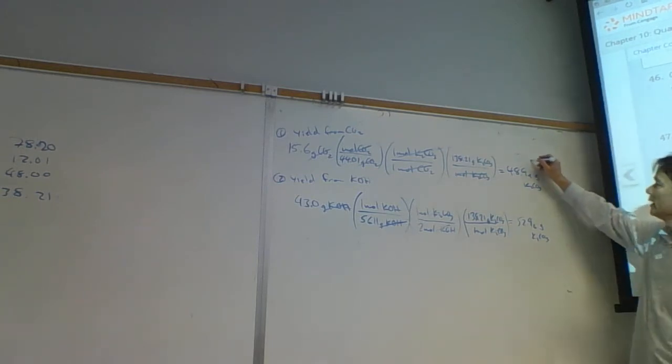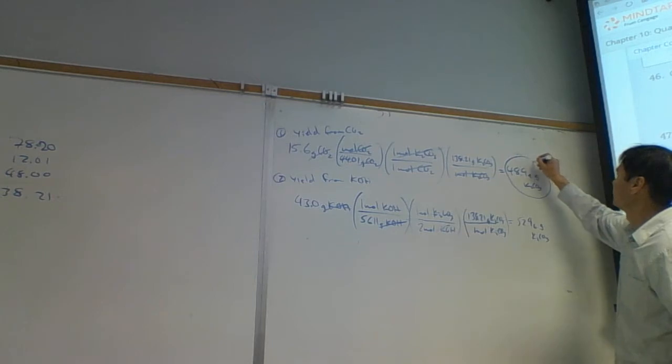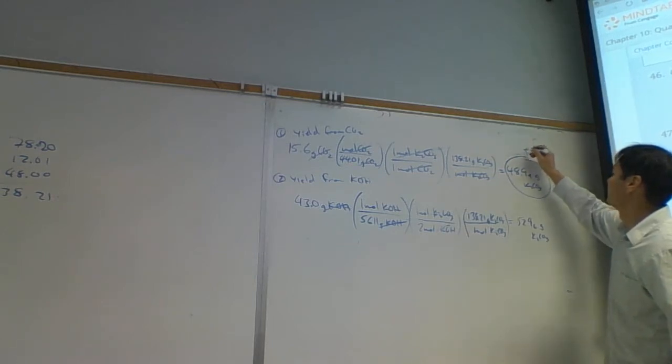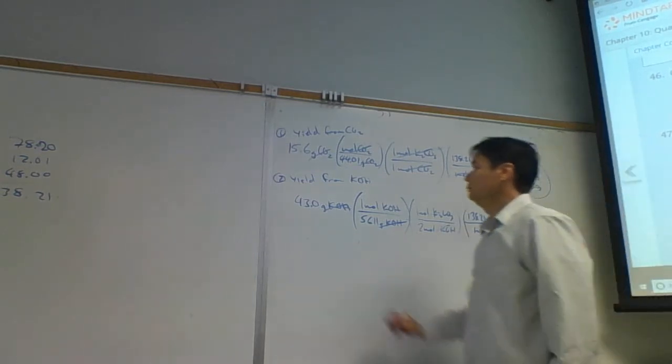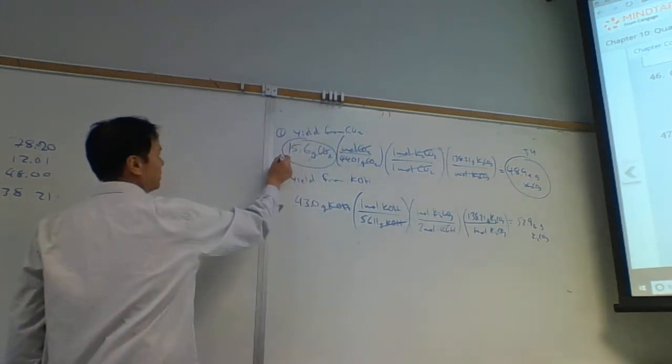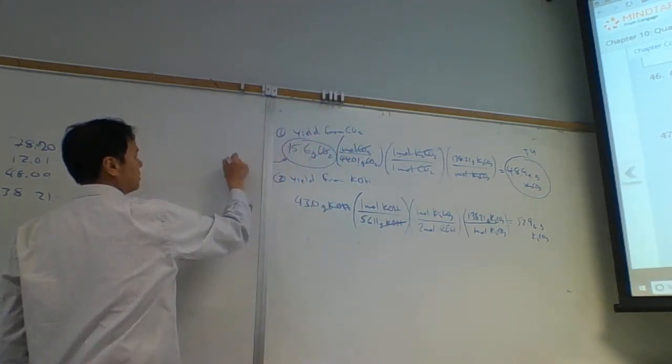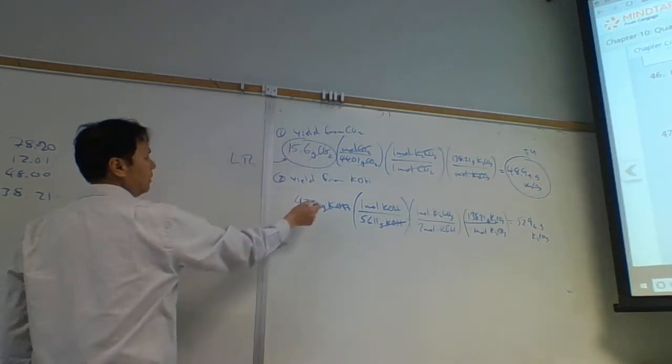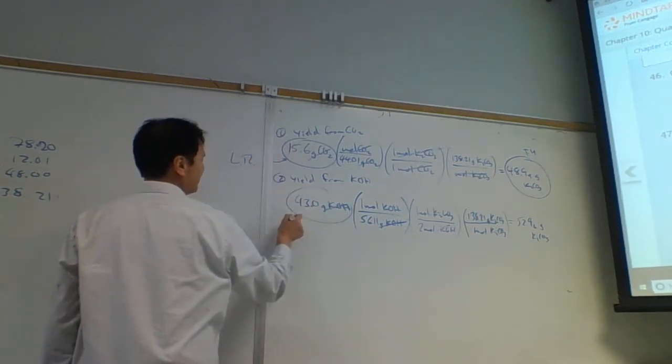The first. Yeah. And so this is called the theoretical yield, the TY. This is called the limiting reagent because we're going to use up all this. So this is the LR. This one is called the excess reagent.